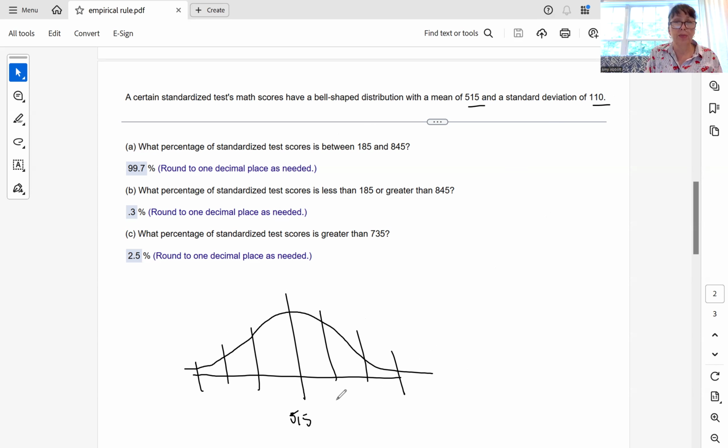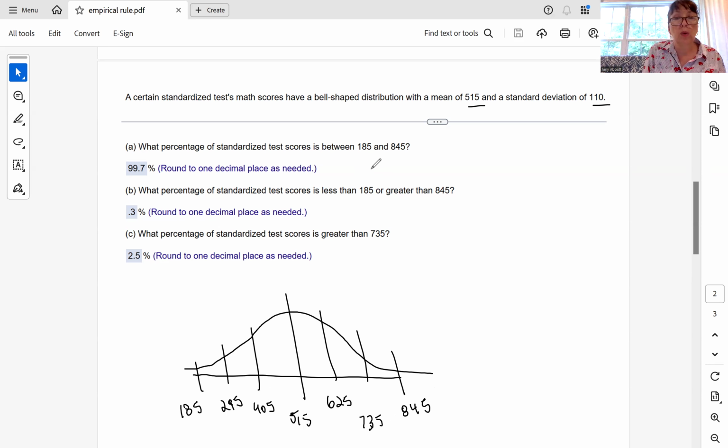So 515 plus 110 is 625. And then you get 735, plus 110 is 845. And then going the other way, subtracting 110, you get 405, 295, and 185.